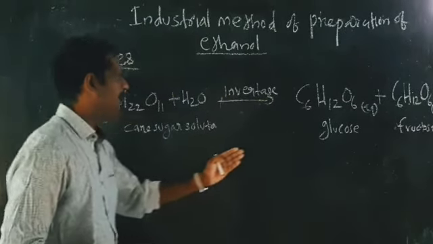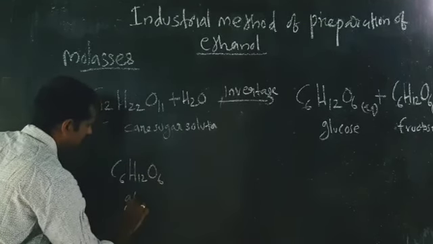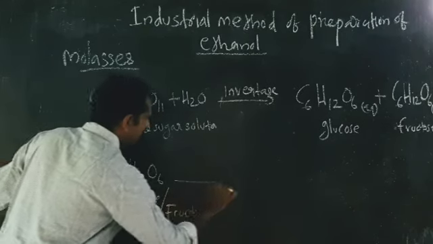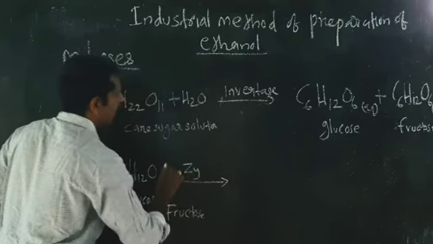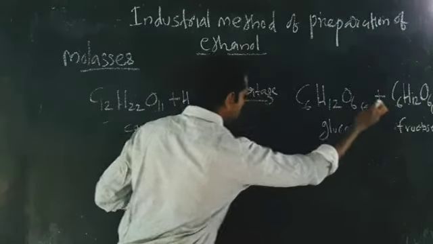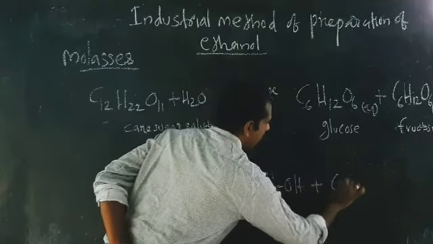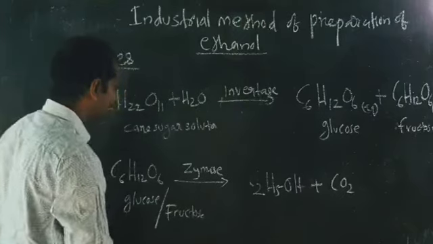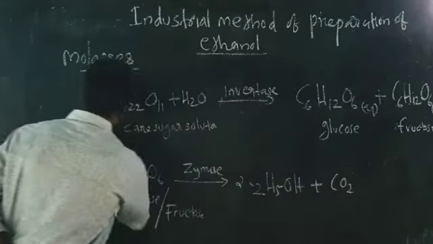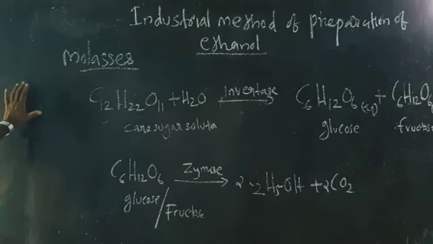In the next stage, this glucose or fructose, by the action of the enzyme zymase, will be converted to ethanol, C2H5OH, and carbon dioxide gas will be evolved. If you balance this equation, C6H12O6 gives 2C2H5OH and 2CO2. So this is the industrial method of preparation of ethanol.